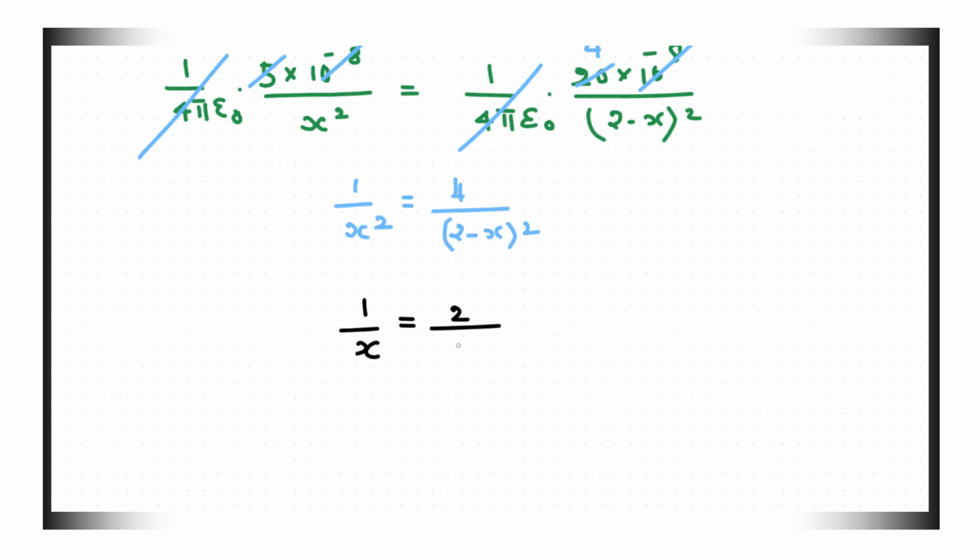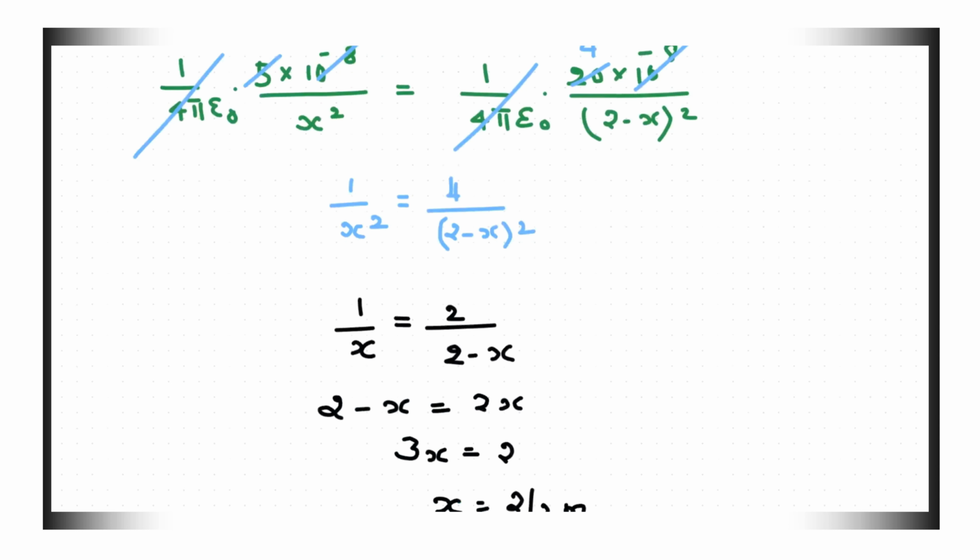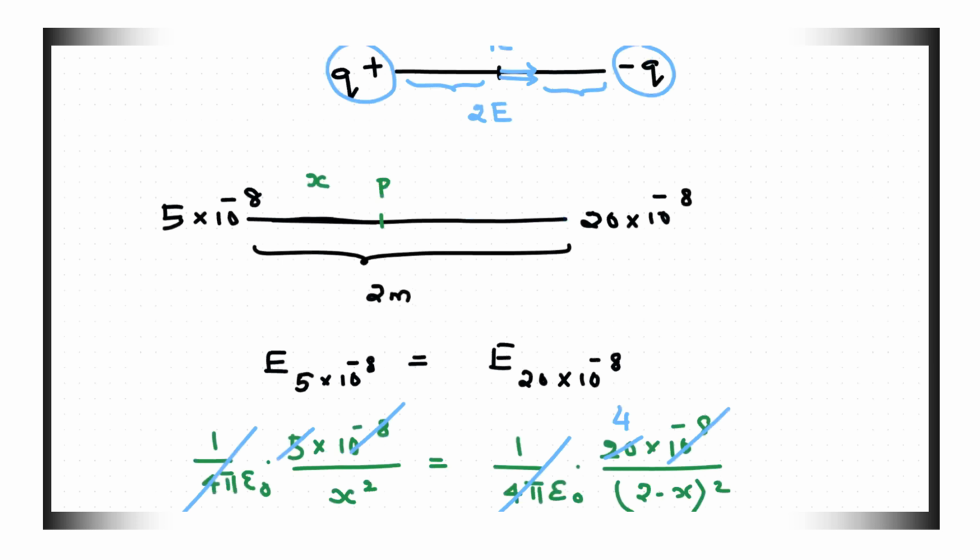So 2 minus x is equal to 2x, or 3x is equal to 2. So what is the value of x? x will be 2 by 3 meter from the first charge. At this point P, the field will go to 0.